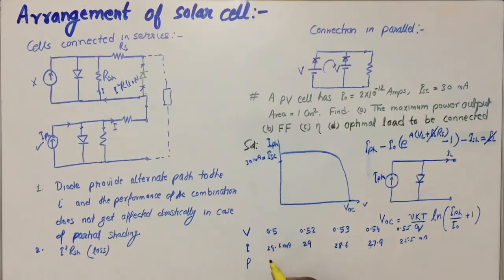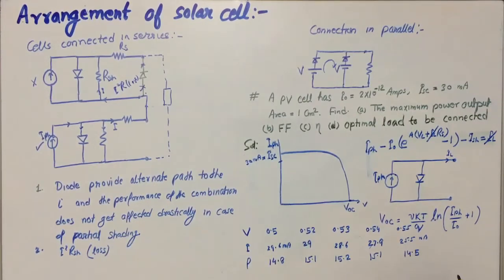So here it will be 14.8 unit, it will be 15.1 unit, here if you multiply this by this, then you will get 15.2 and 15.1, and this is 14.5.